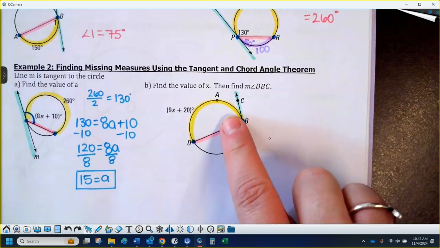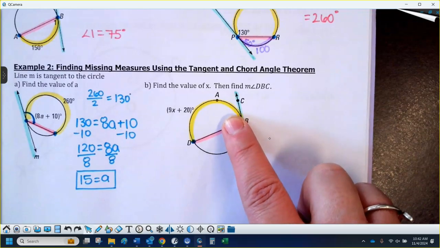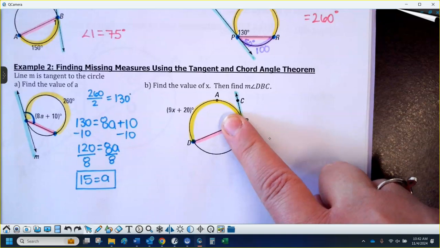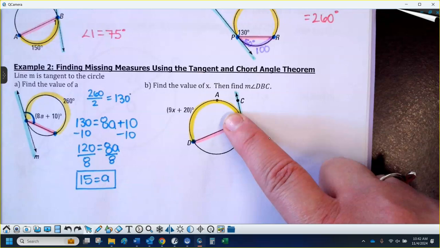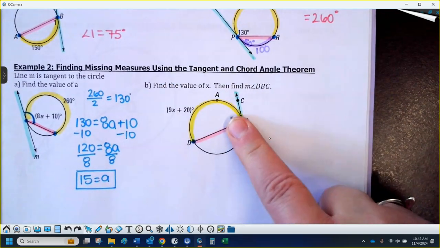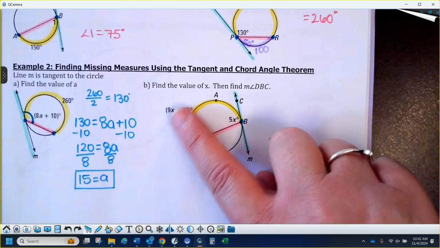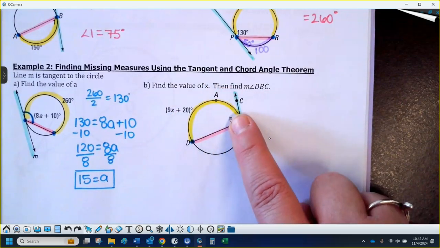If I told you the angle was 50, what would you set this equal to? If I told you the arc was 50, you'd set that equal to 25, right?